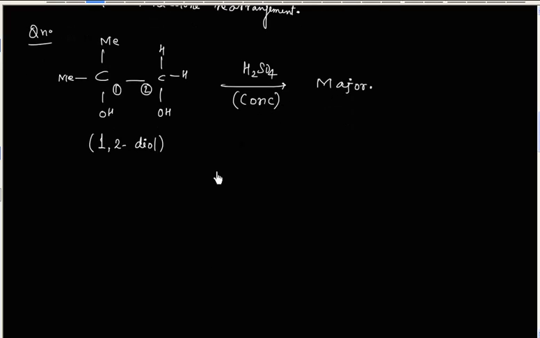Now in the first step we have to lose H2O to generate the carbocation. If I lose this OH, we'll get a primary carbocation. Now if I lose this OH, we will have a tertiary carbocation.